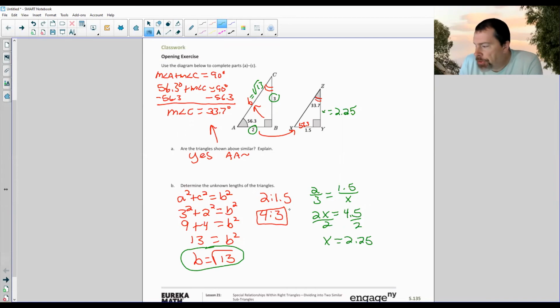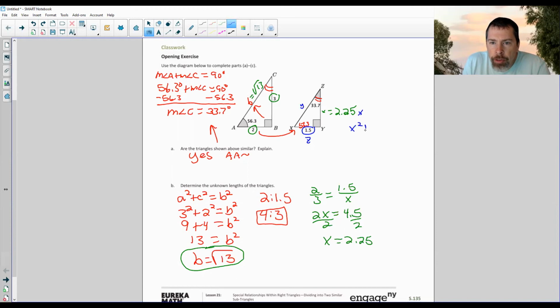Let me just do the Pythagorean theorem again. So we have this side here, and we have this side here. Okay, let's not call it that. Let's just say that this is Z, and this is X, and this is Y.